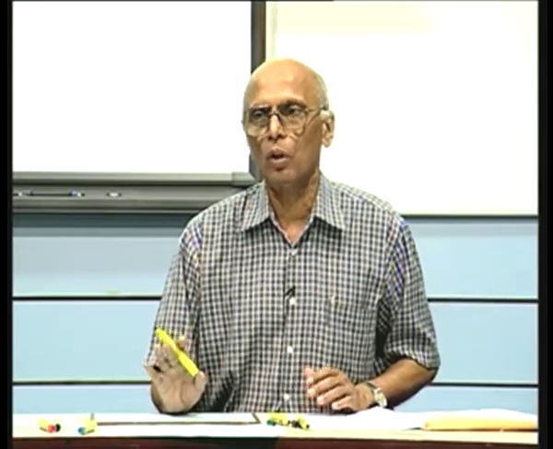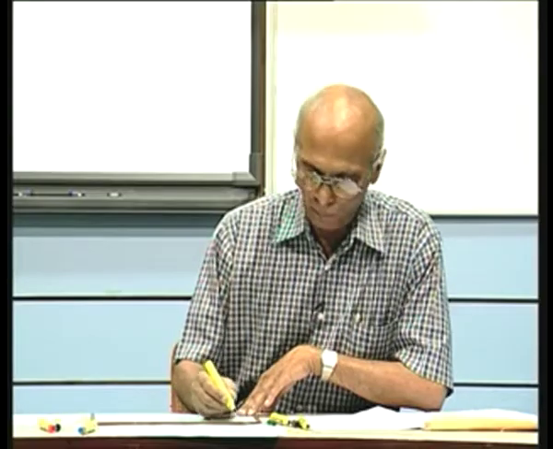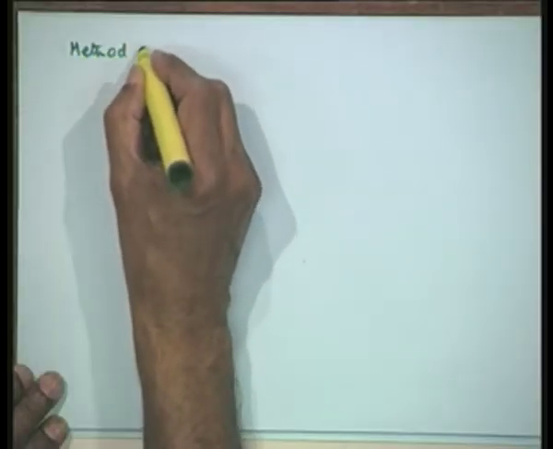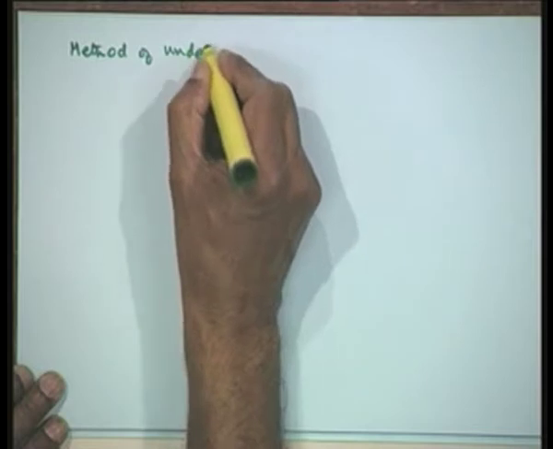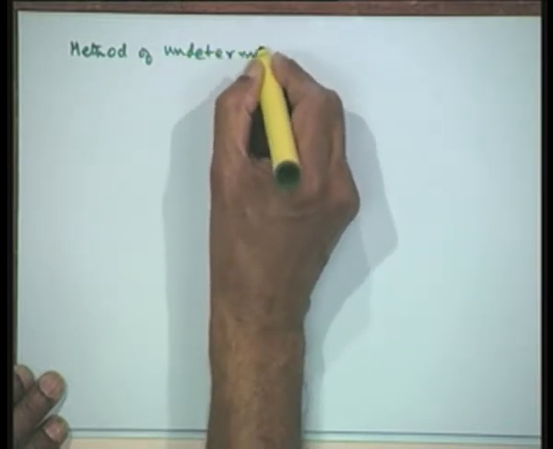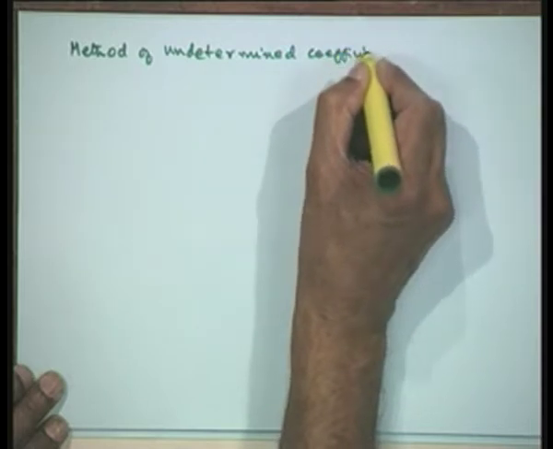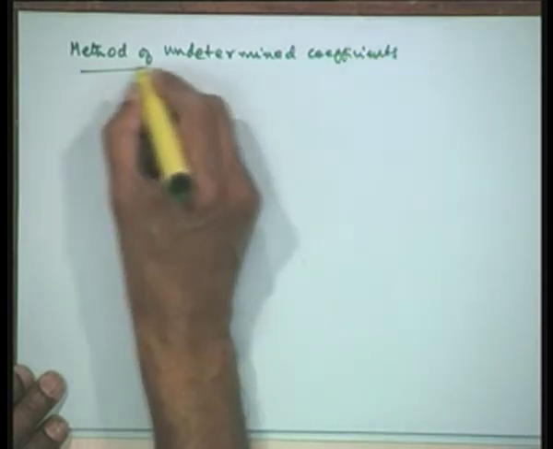In that case, orthogonal polynomials may not exist at all. So, we will call this the method of undetermined coefficients.